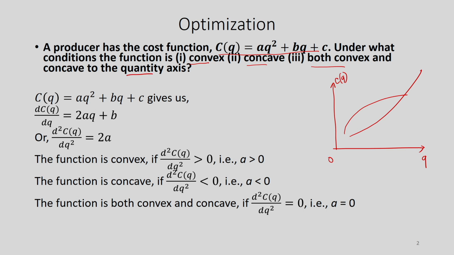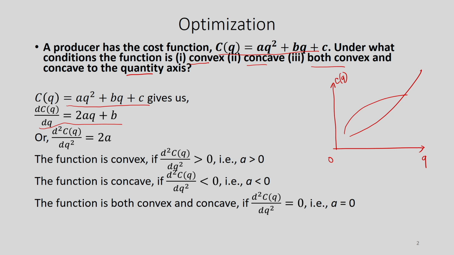All right. So, this is the function that is given to us, C(Q) equals aQ squared plus bQ plus c. Now, from this I can find the derivative of the function with respect to Q. The first derivative gives us 2aQ plus b, right.